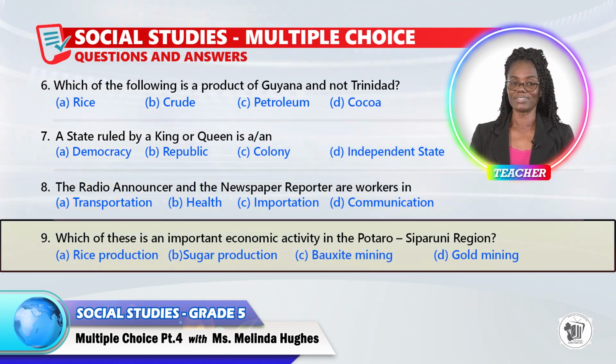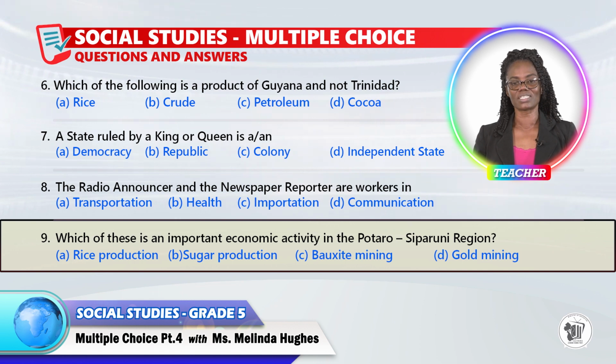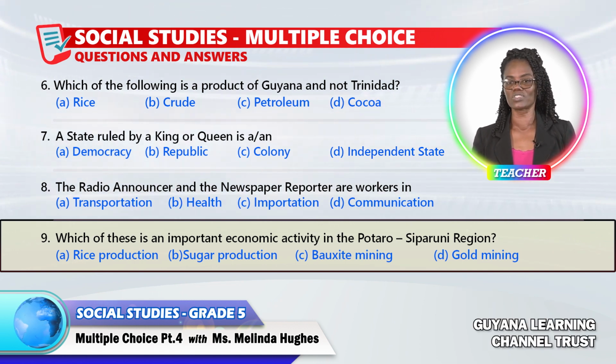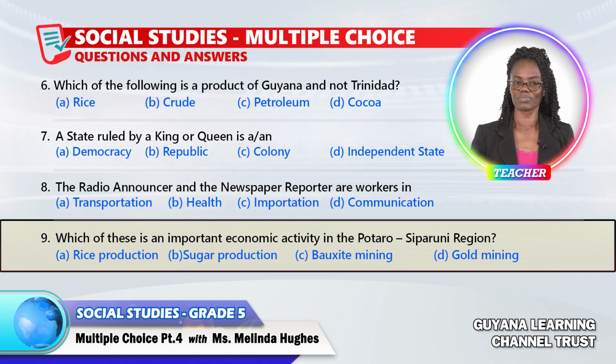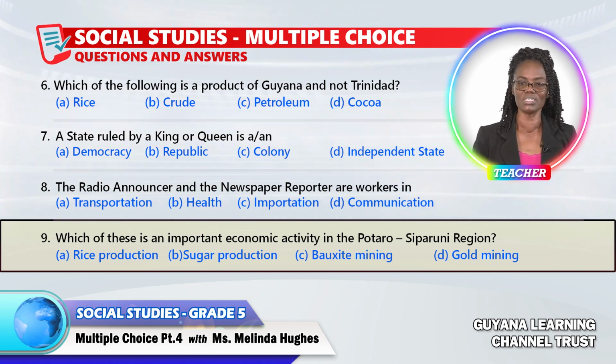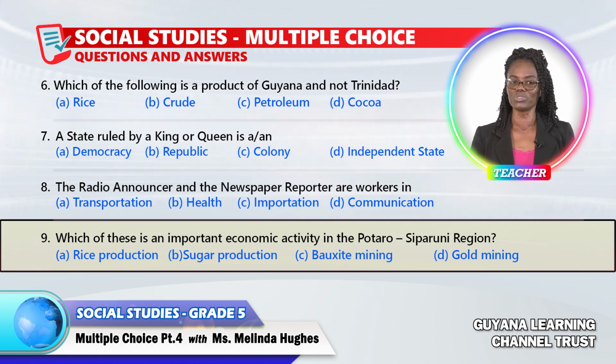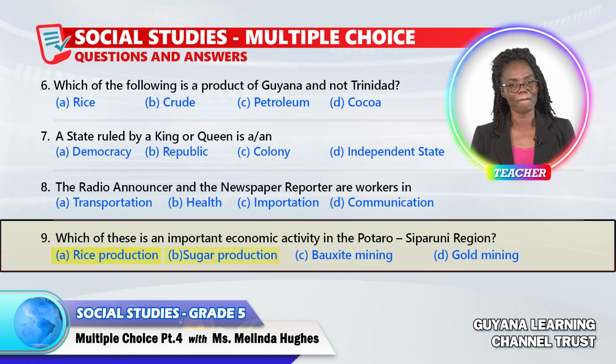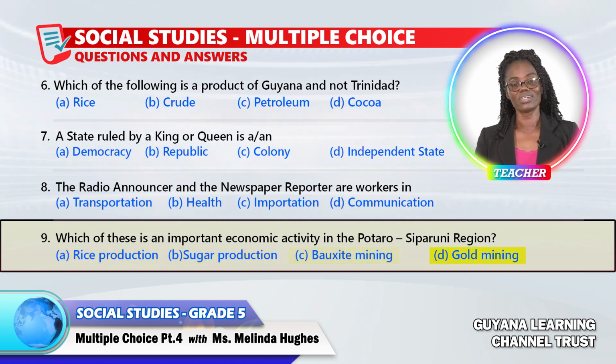For question 9, which of these is an important economic activity in the Potaro-Siparuni region? A, B, C, or D?